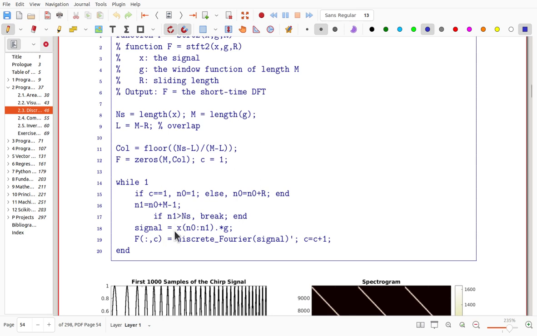Okay, after taking m samples, we multiply by g, so that becomes the signal, and using the discrete Fourier transform function, its transpose is now saved into column C, and we increase C by 1. Of course, you can use a for loop, with C moving from 1 to that column. Either way, you can implement this portion.